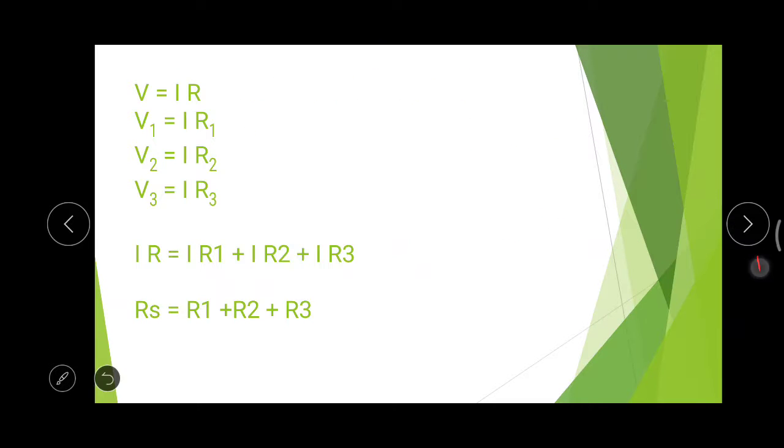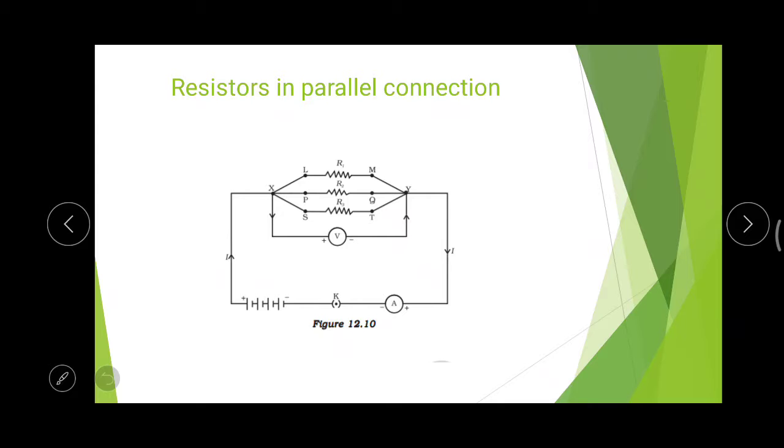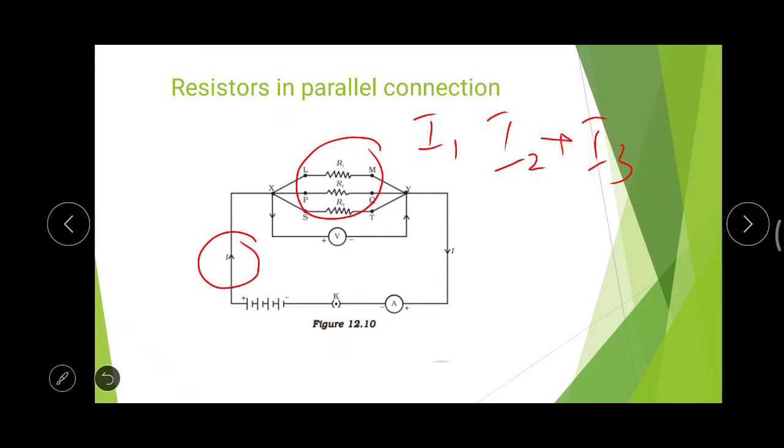Now come to the important point: the sum of the currents passing through the individual resistors will be equal to the total current in the circuit. That is, I1, I2 and I3 taken together will equal the total current passing through the circuit, that is I.